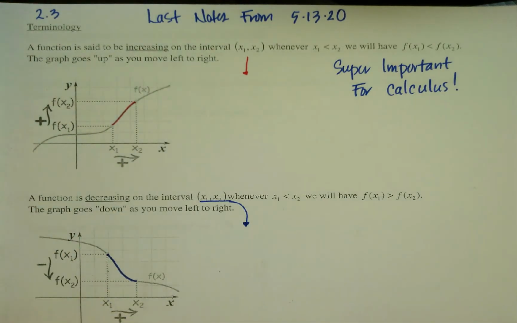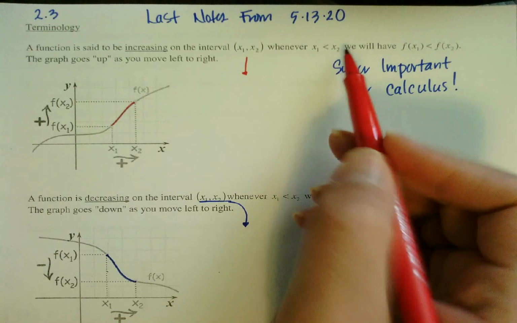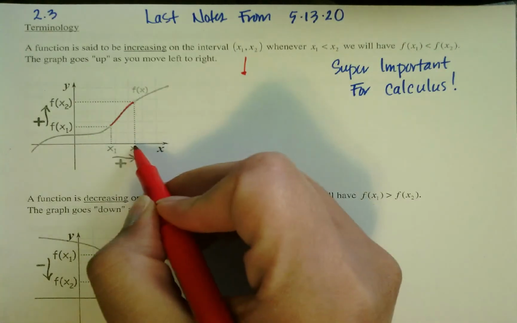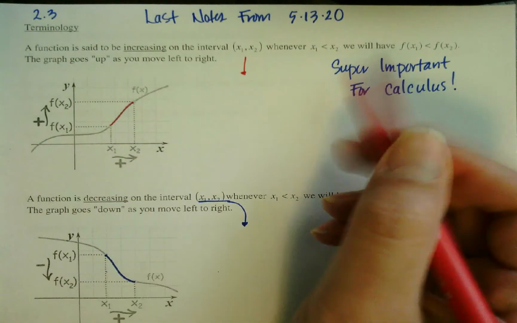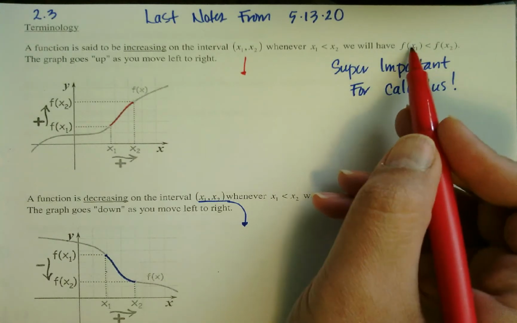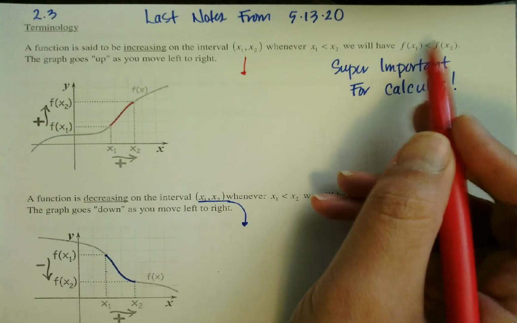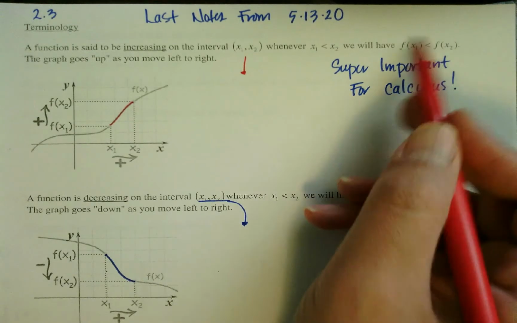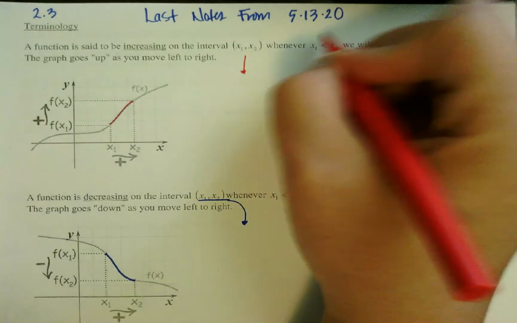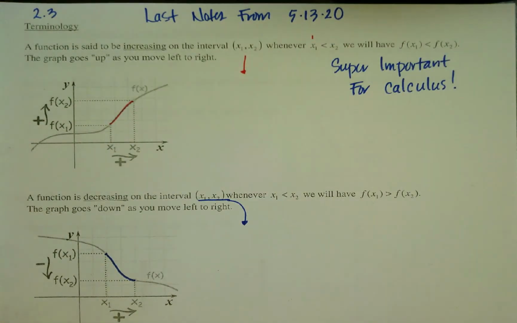Alright, so definition: a function is said to be increasing on the interval (x1, x2) whenever x1 is less than x2. So this input is less than that input, like 2 and 3. We will have the first output is less than the second output. So understand this notation. These are input notations. Look at this.